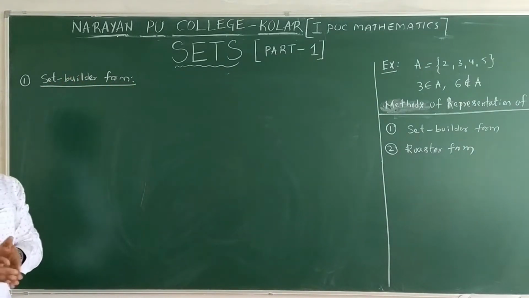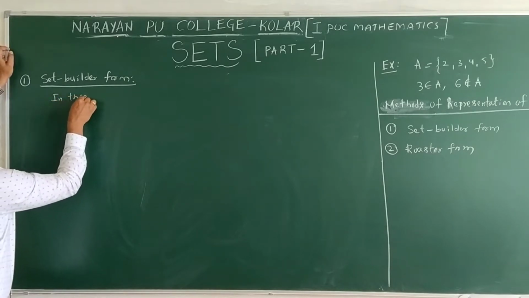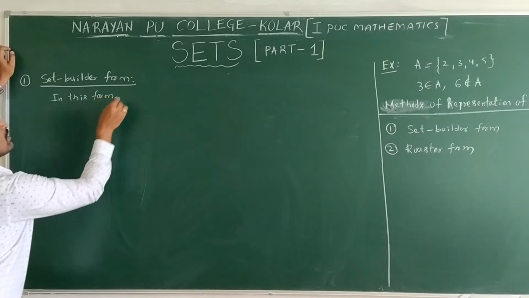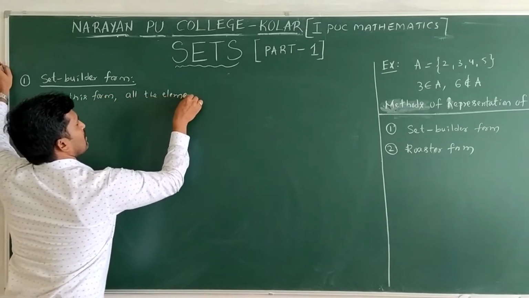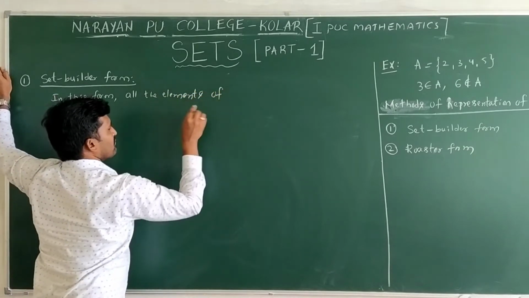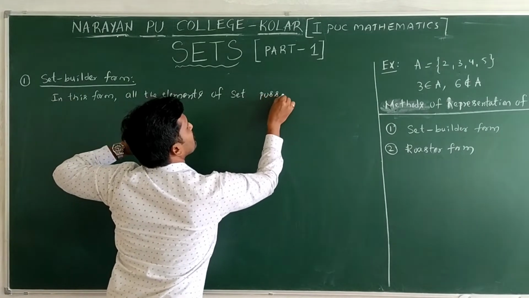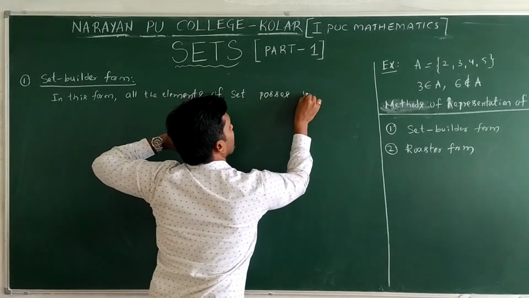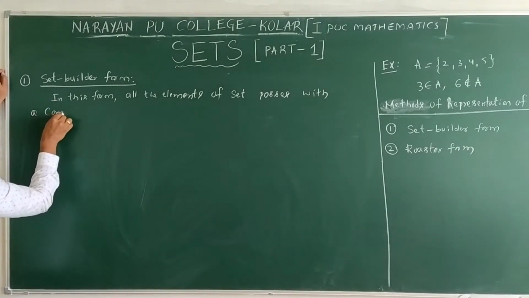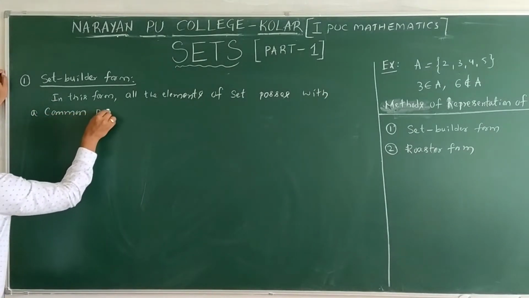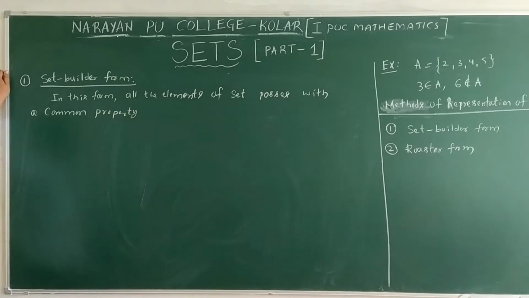In this form, all the elements of set possess a common property or common expression or common formula.